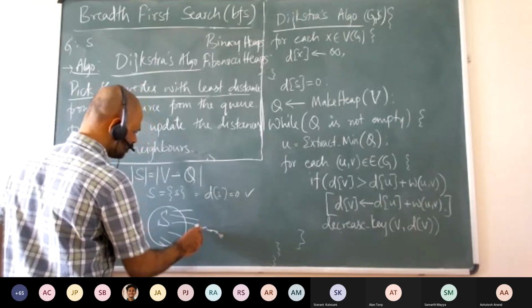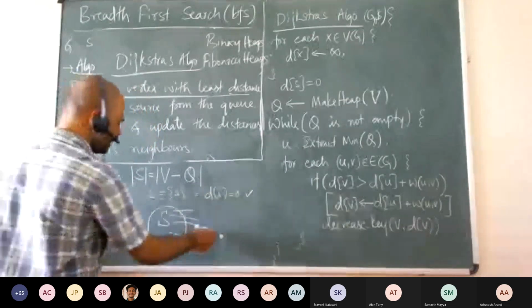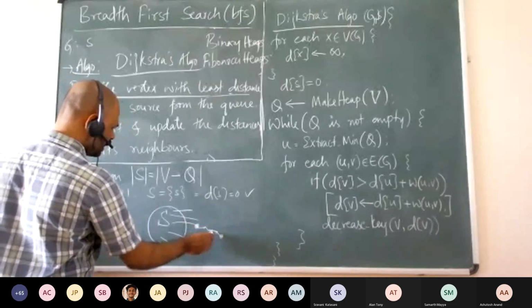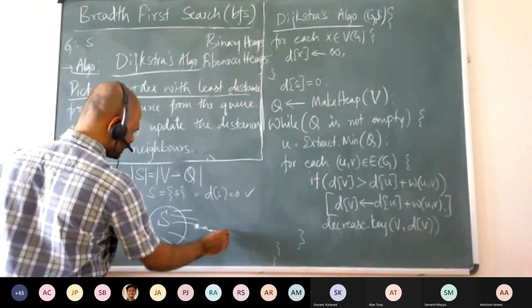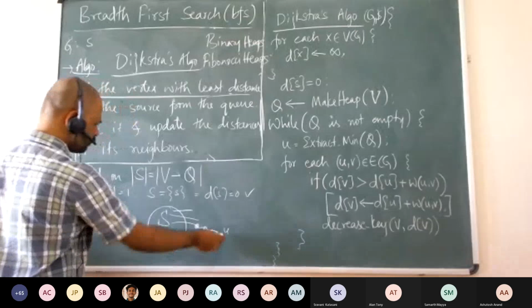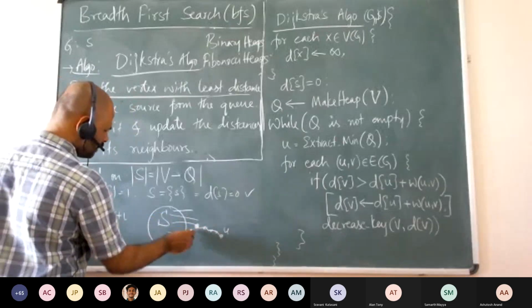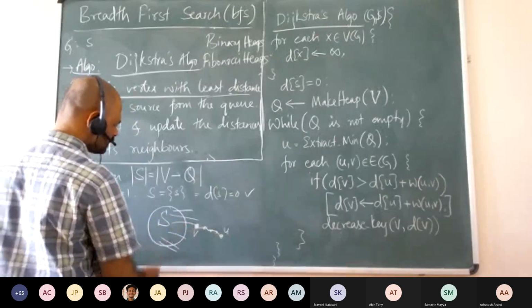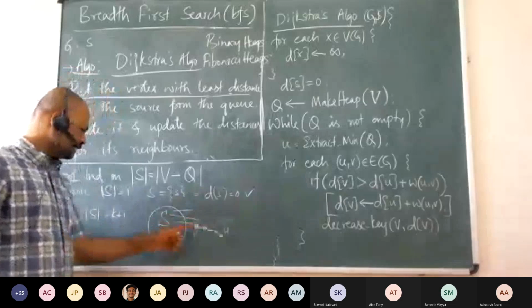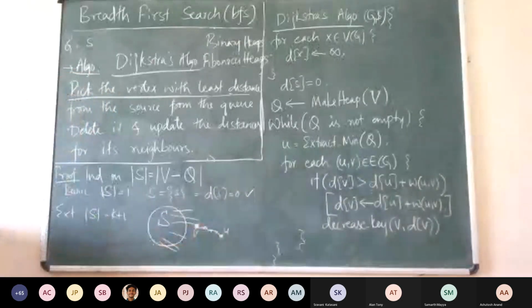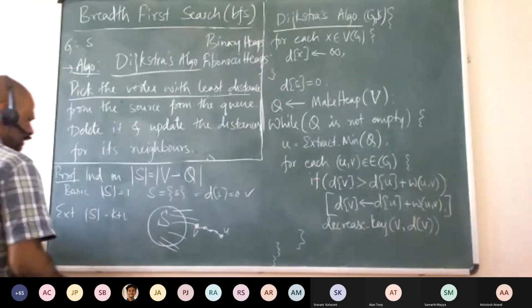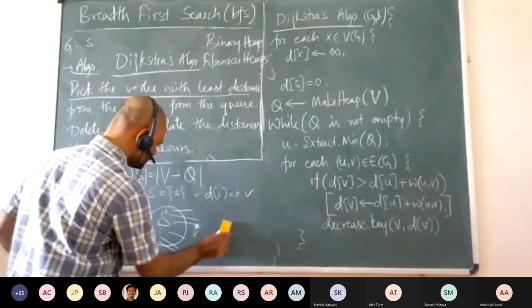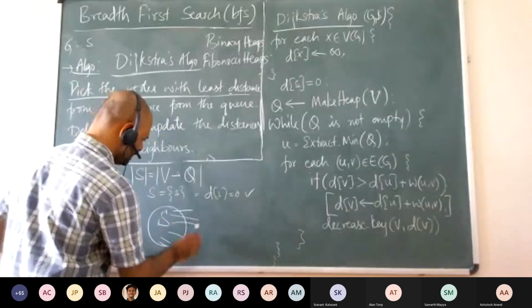Since all edge weights are positive, it would contradict our assumption that this vertex U was the vertex which was closest to the source. This particular vertex V, which is the first one outside S along the path from S to U, would be the first vertex which is closest to S. So that implies that the vertex that is closest to S will be adjacent to the set S.